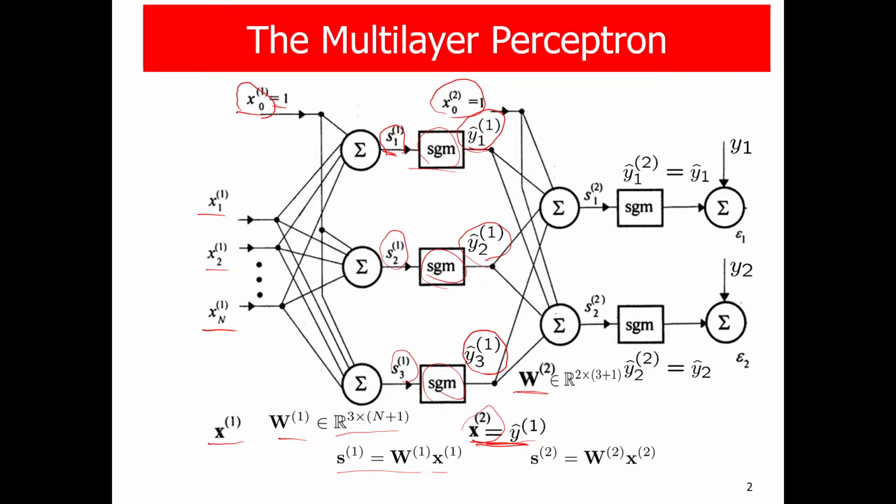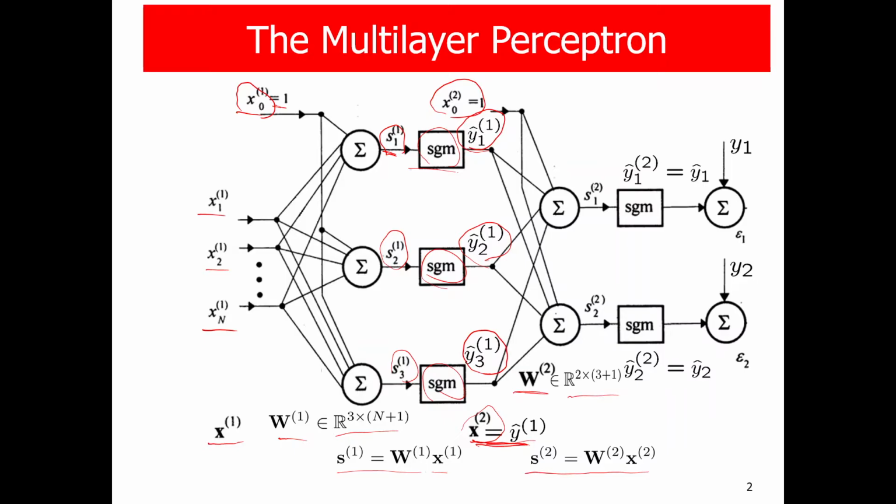The size of matrix W2 in this case is 2 times 4, because we have 2 neurons in the second layer, and these neurons get inputs from the 3 neurons on the first layer, plus the constant bias. These linear combinations are denoted by S2, and of course, S2 equals W2 times x2.